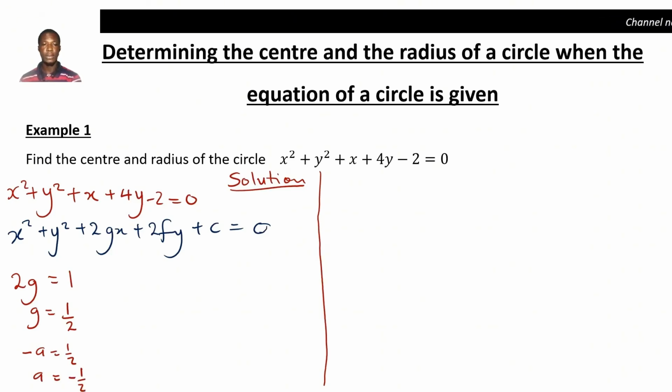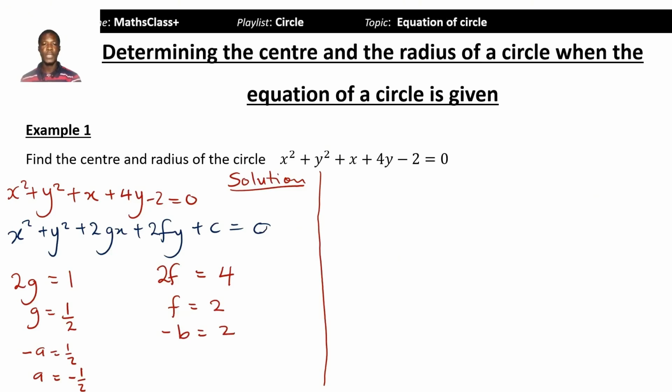And then we will have 2f is also equal to 4, so our f will become 2. And we remember that we used f to represent negative b. So negative b is equal to 2, and our b will be equal to negative 2.